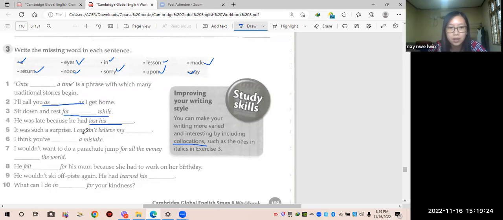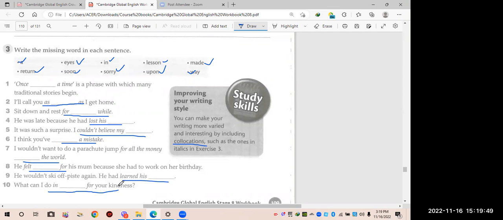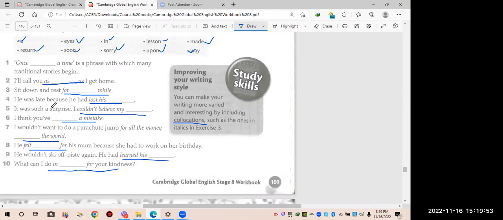The phrases: make a mistake, all over the world, felt sorry for something, learn his lesson, in return for your kindness, right? Like that. So these are the collocations that you can also use in your speaking or writing to be more varied and interesting. Okay. So did you get all the answers for number 3? Yes. Okay. So next one.